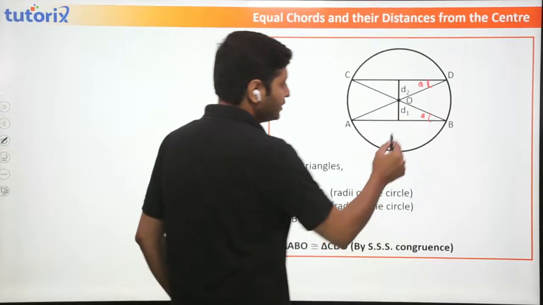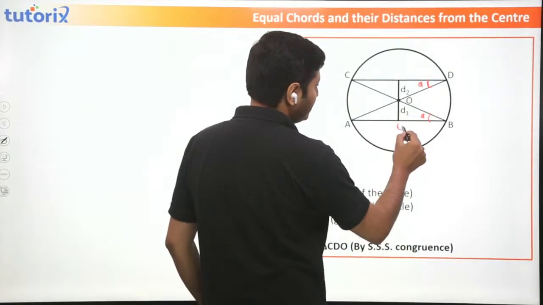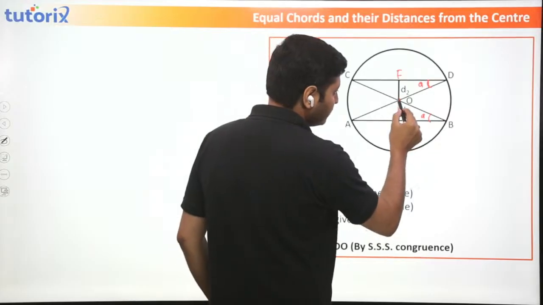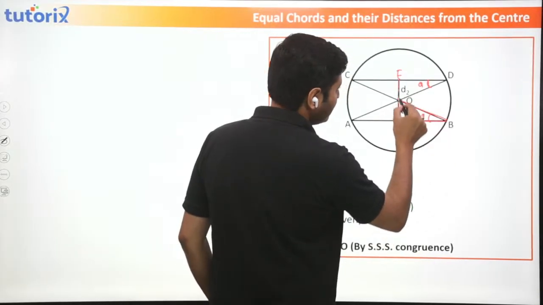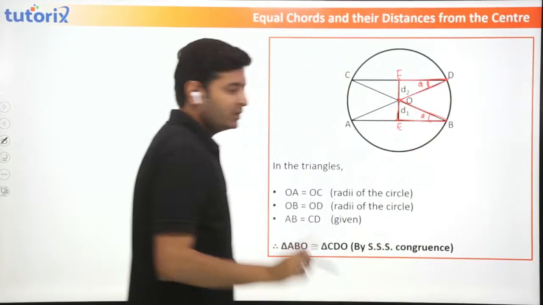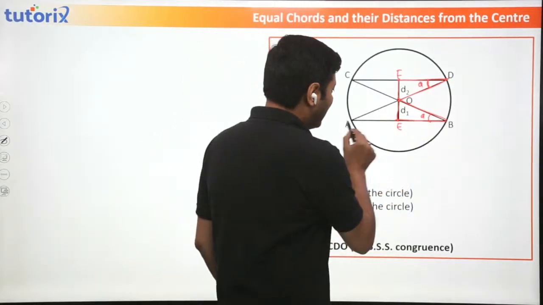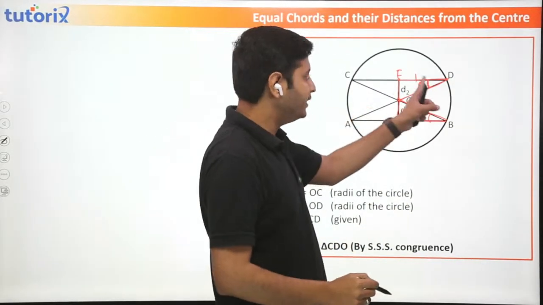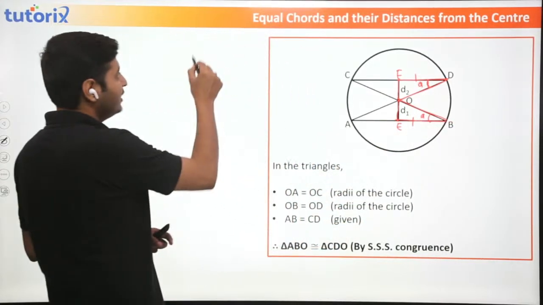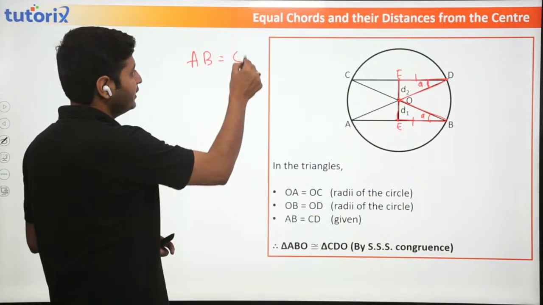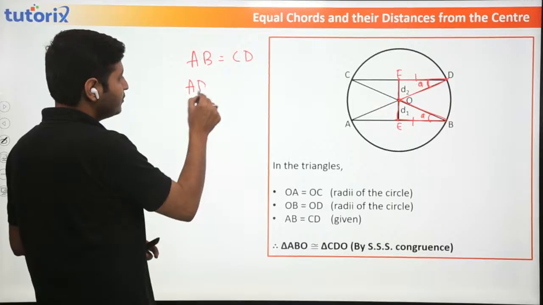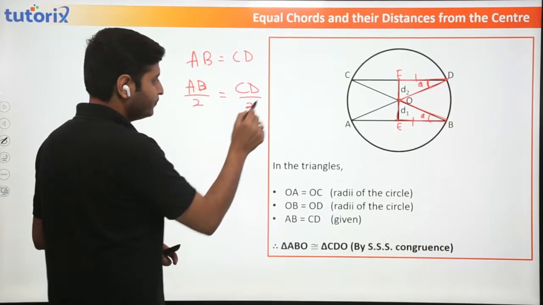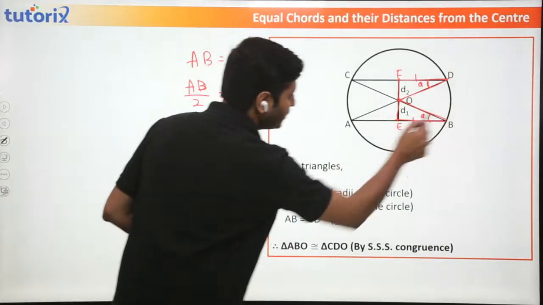Now, let me ask you one thing. Suppose this is point E and this is point F. Look at this triangle and this triangle. In these two triangles, this is half of AB, this is half of CD. AB is equal to CD, so half of AB is also equal to half of CD. Half of AB is what? EB.